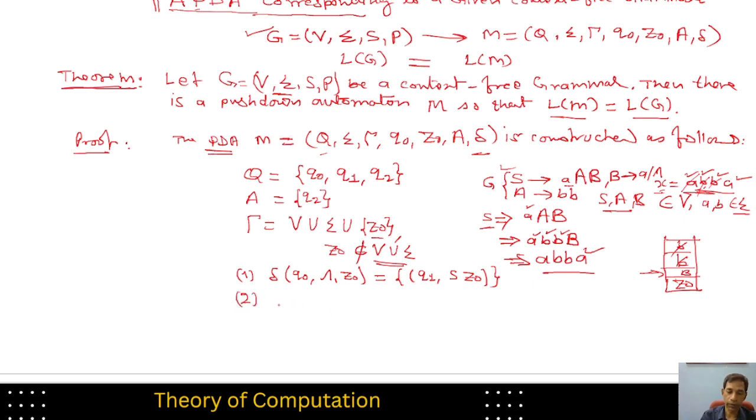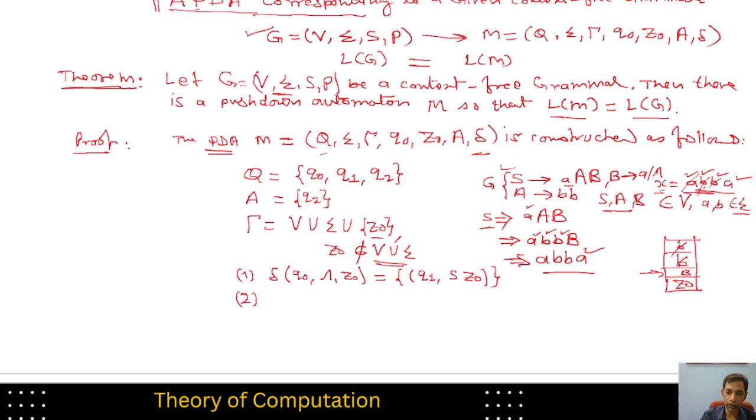Now next, if you are at the state Q1, the top of the stack symbol is the start symbol, and starting from the start symbol you are going to simulate the derivations.